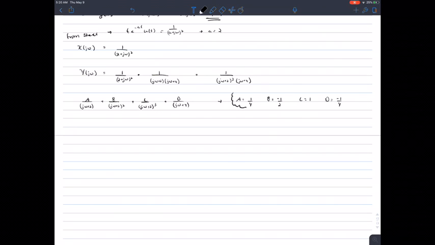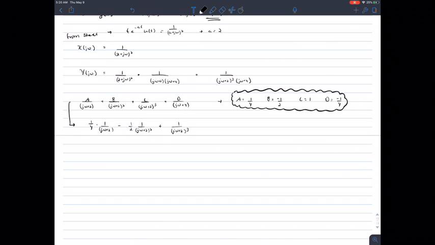And then, let's circle this so we know that it's important here because we'll need it. So let's fill this in. 1/4 times 1/(jω + 2), plus, it's going to be minus 1/2 times 1/(jω + 2) squared, plus 1/(jω + 2) cubed, plus, just kidding, minus 1/4 times 1/(jω + 4).